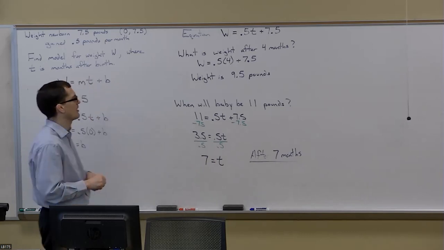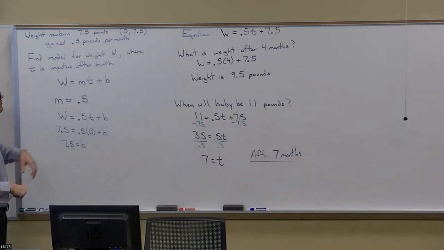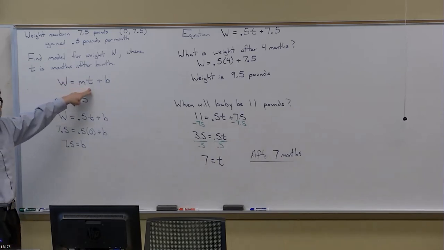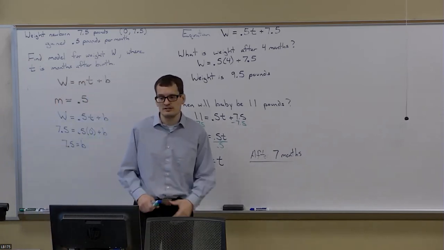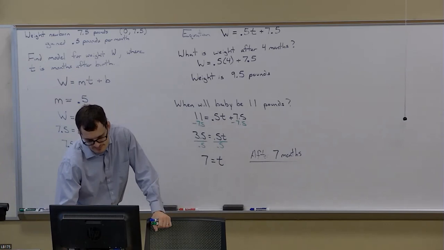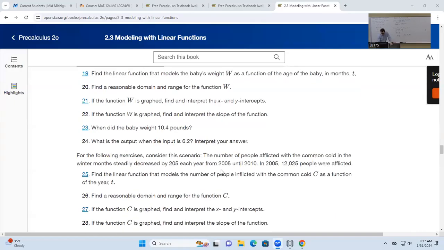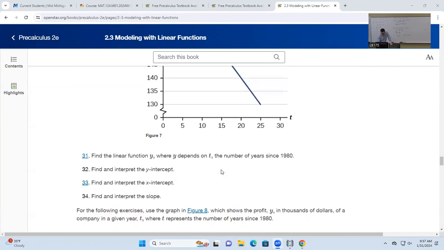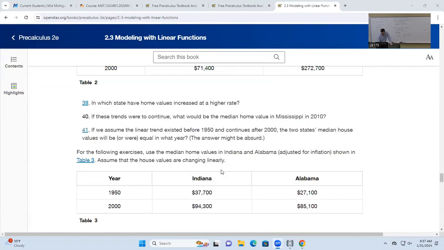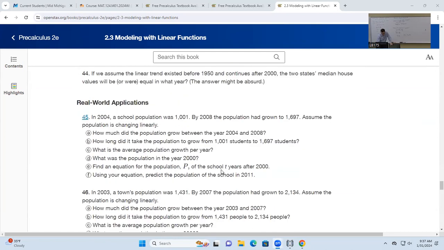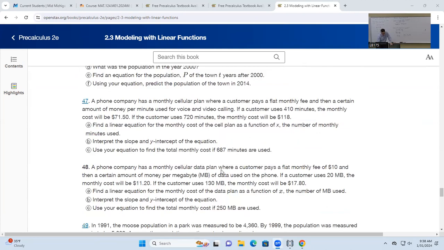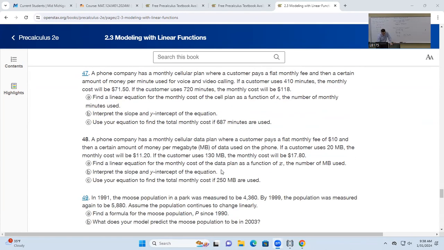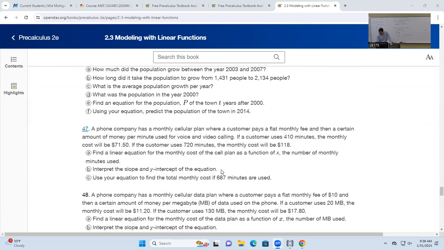And the trickiest part is honestly like where to start your T at sometimes, and which numbers to use, basically. All right. A lot of this is money, so I don't want to do that.